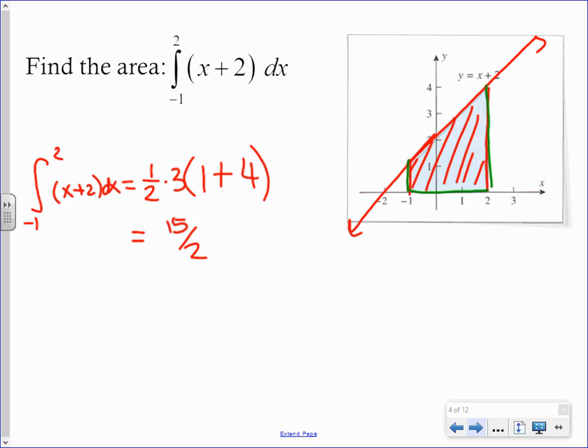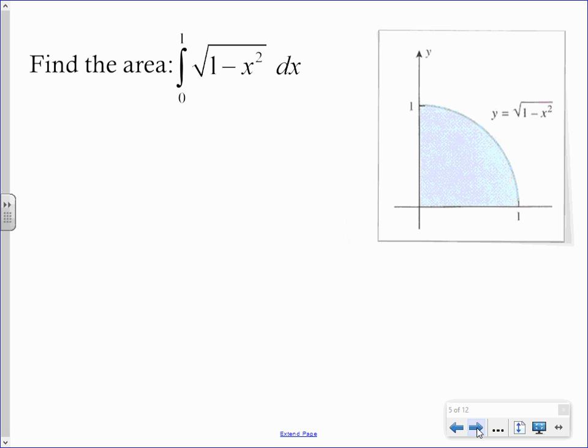I really need you to get used to seeing this equation right here, or something like it. The square root of 1 minus x squared. What is it? It is irrational, but what is it? The square root of 1 minus x squared is a semicircle with radius 1.